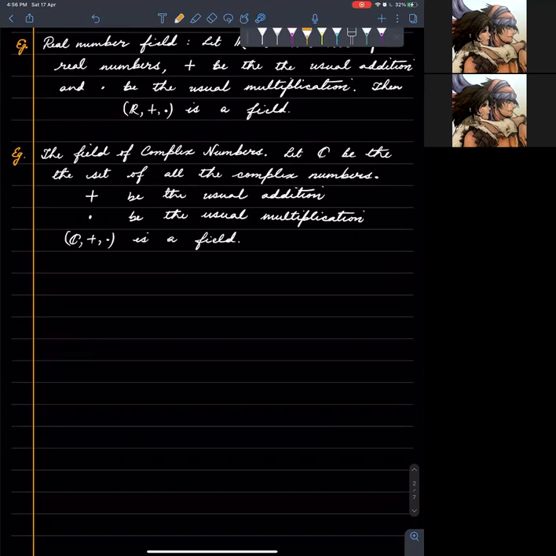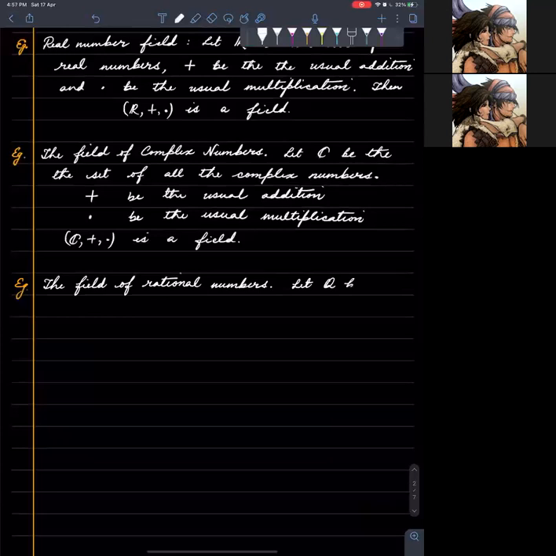And another very important example is the field of rational numbers. So here is the notation. Let Q be the set of all the rationals.